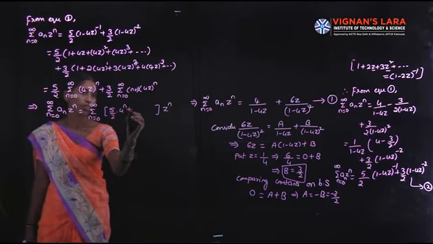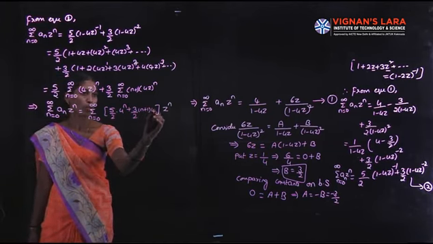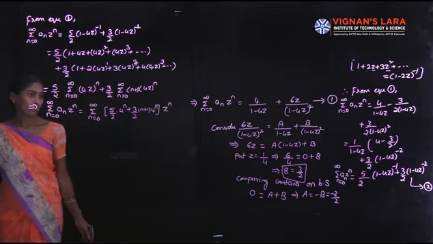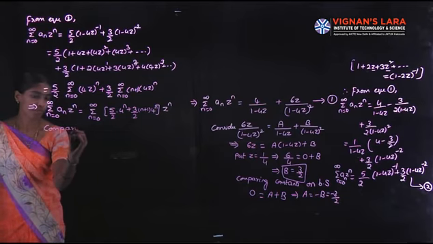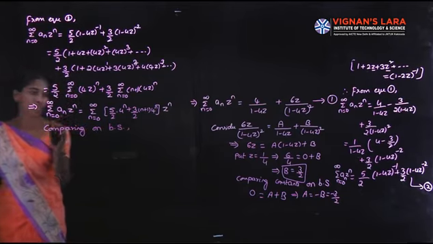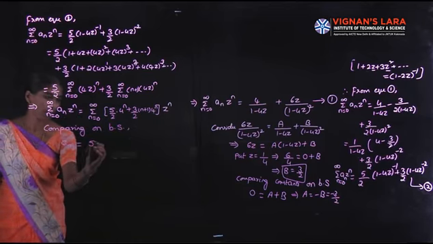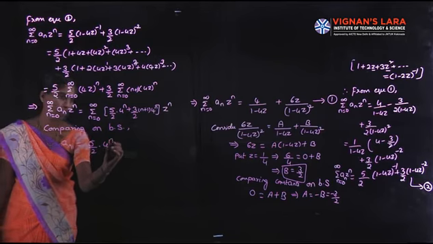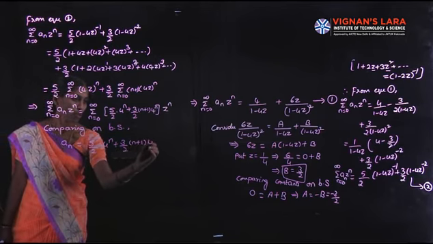Second term 3 by 2 into (n plus 1) into 4 to the power n. On comparing both sides, sigma is there, z^n is there, we get a_n is equal to 5 by 2 into 4^n plus 3 by 2 into (n plus 1) into 4^n.